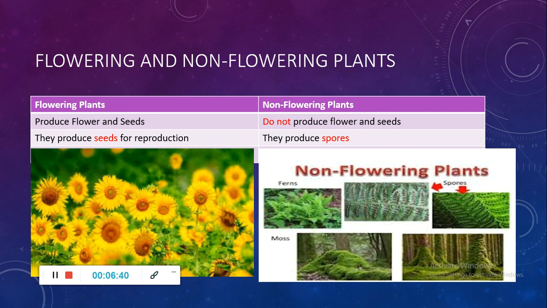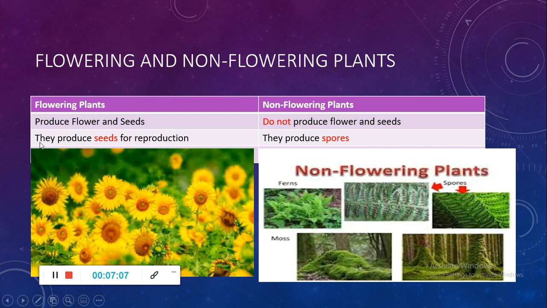Examples of flowering plants are sunflower, rose, jasmine, and lily. The next one is non-flowering plants. Examples are ferns and mosses.